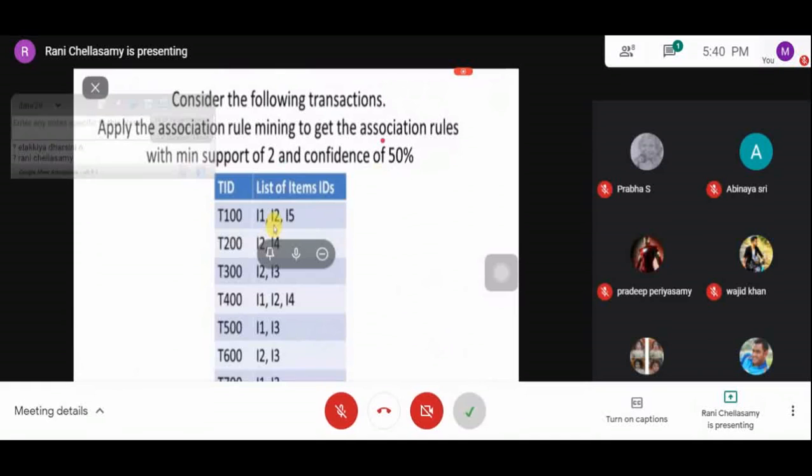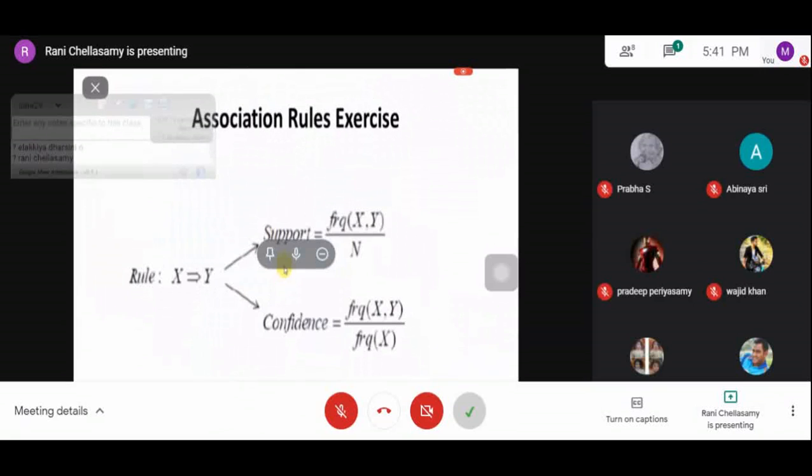The database is given with the transaction IDs and the list of items. There are 9 transactions, and each transaction consists of some set of items. With this problem, you need to frame the association rules.